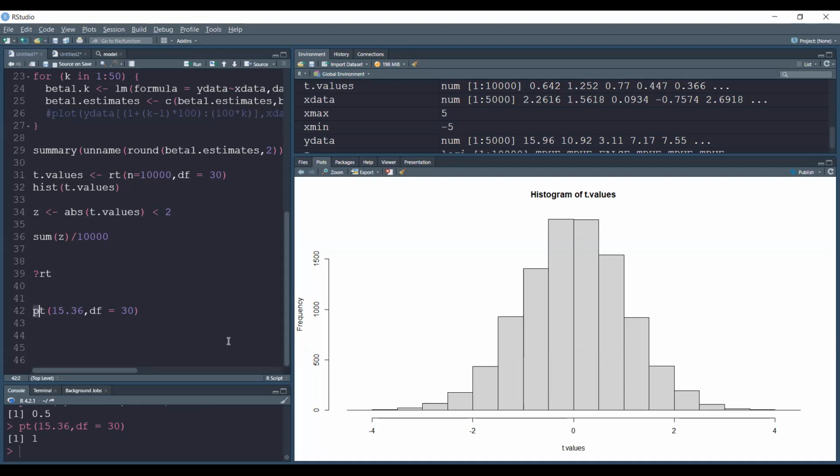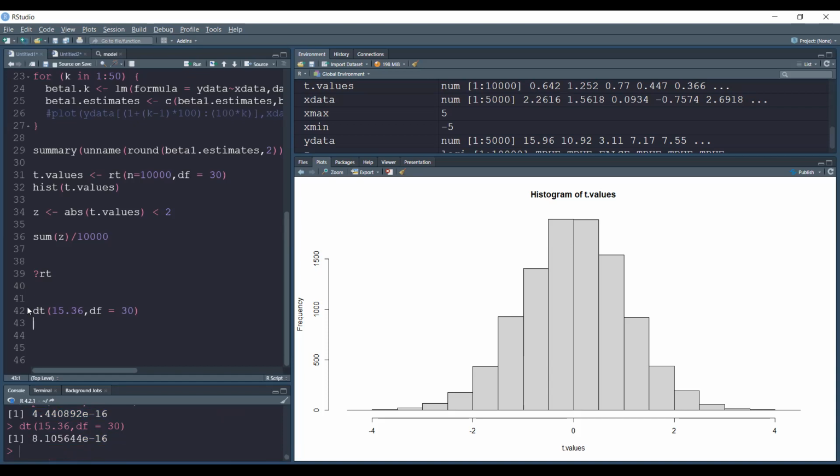Should I be doing 1 minus? Yes. Okay. Isn't this what we had earlier? Yeah, close enough.